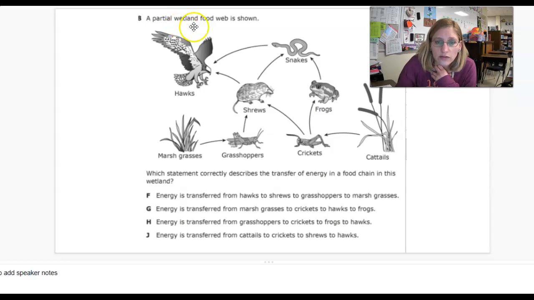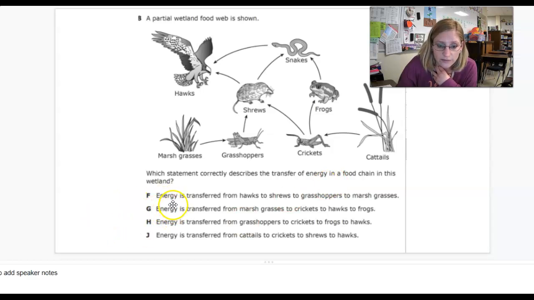A particular food web is shown. What statement correctly describes the transfer of energy in a food chain in this wetland? So we're looking at which statement correctly describes the transfer of energy.